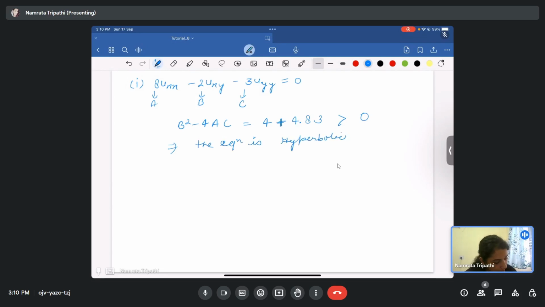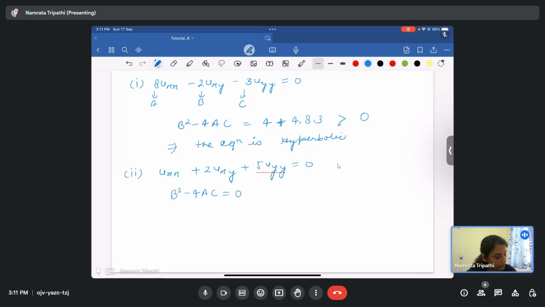Now check the second one, similarly you can check. What is B? B is 2.